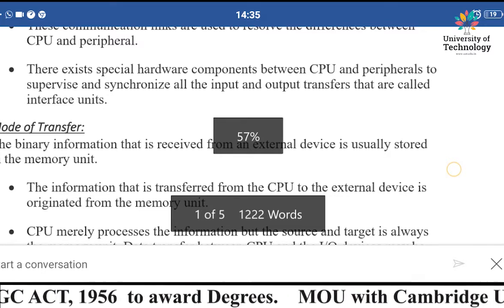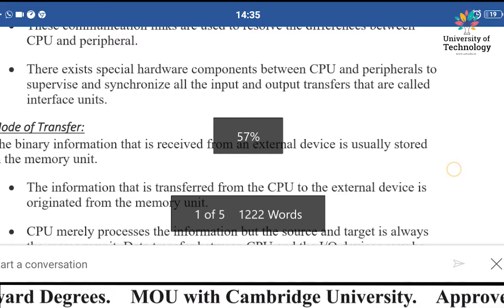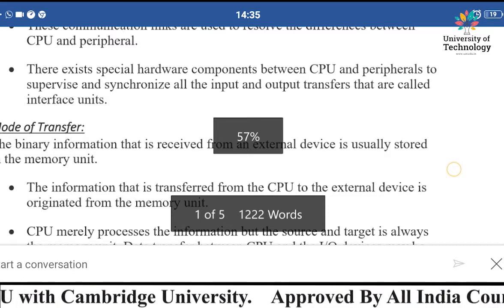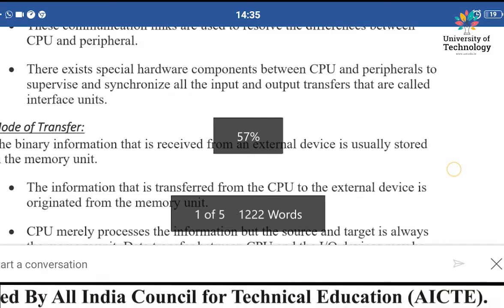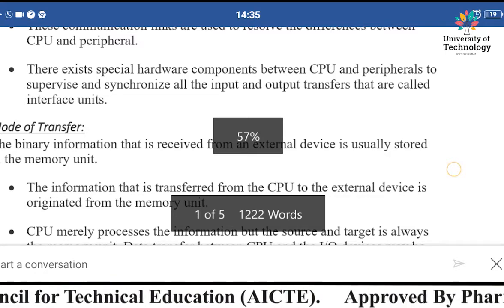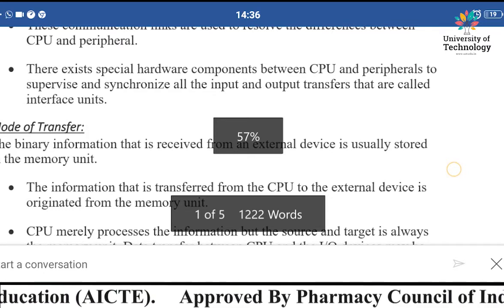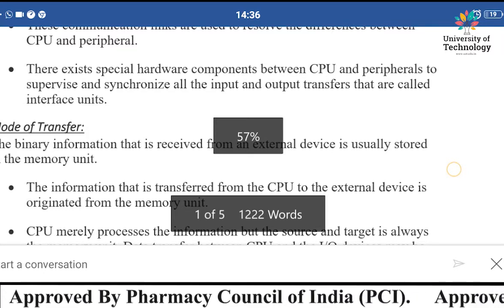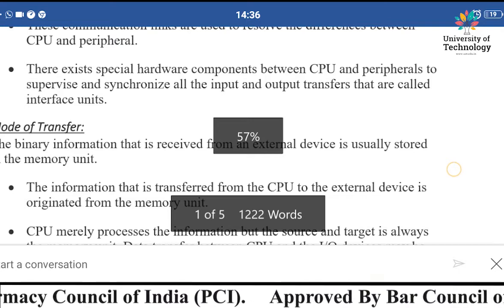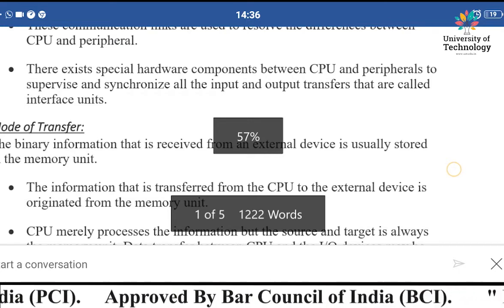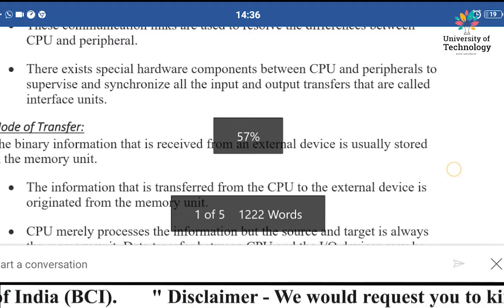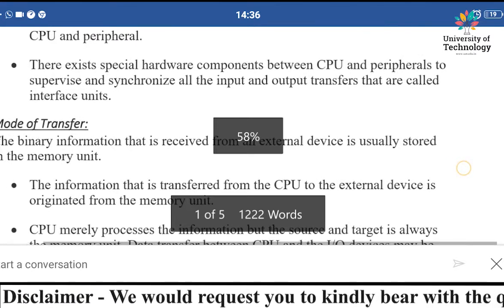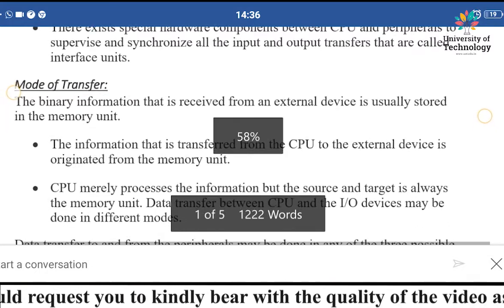So basically the interface unit acts as a special kind of component that is supervising each and every piece of data that is input and all the data that is output, and along with that it is simultaneously synchronizing that data which is being input and output, right?